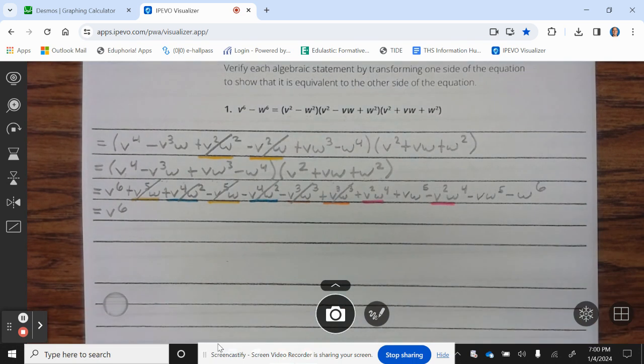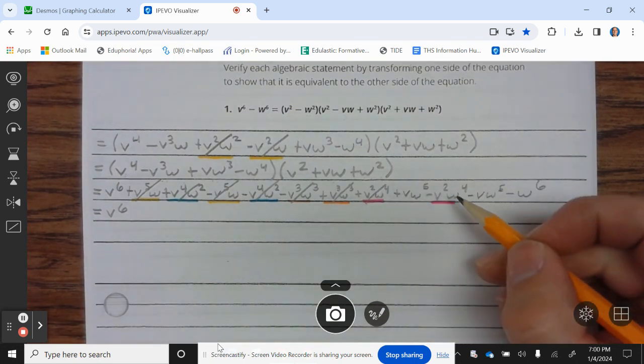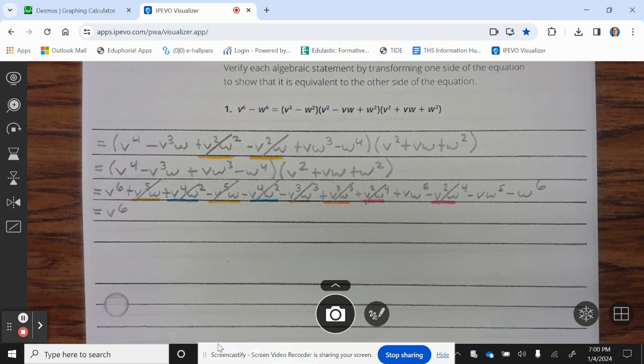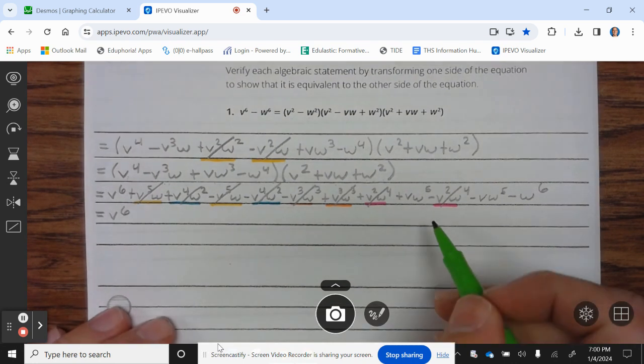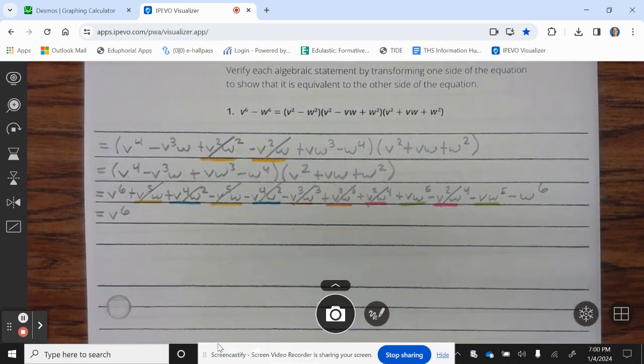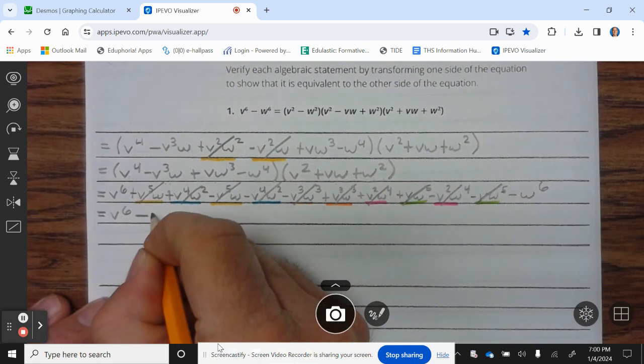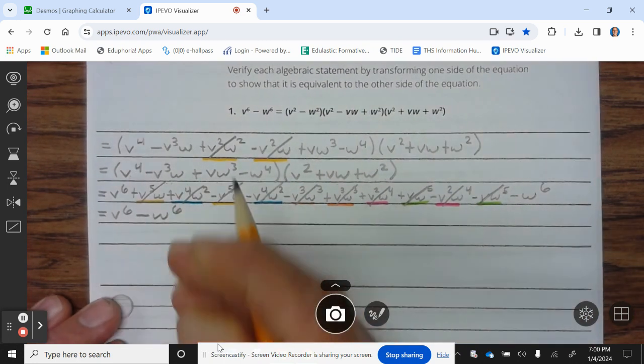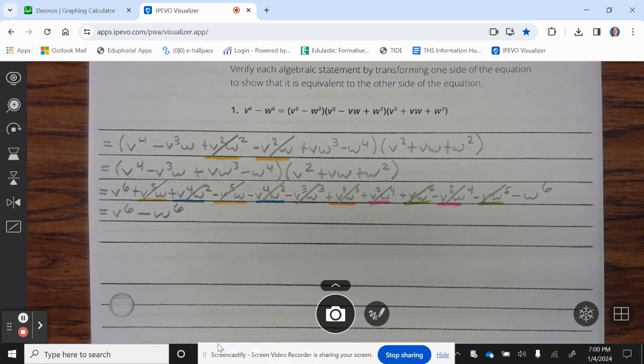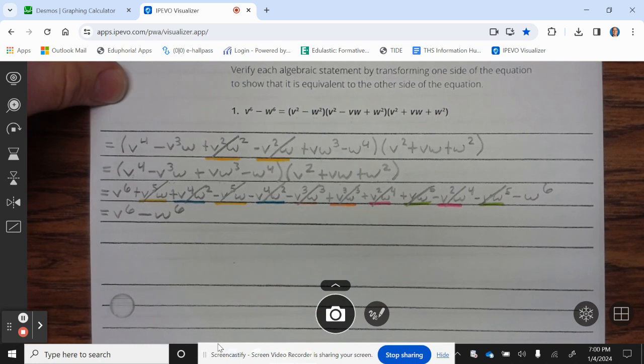These cancel. These cancel. So you can see that the left side is equal to the right side. All right, go ahead and finish it up. Let's take a look at the next page.